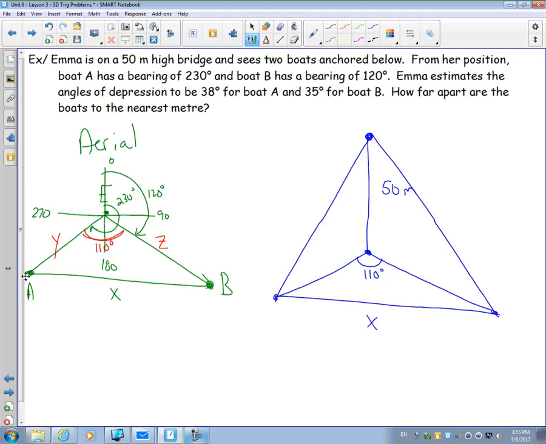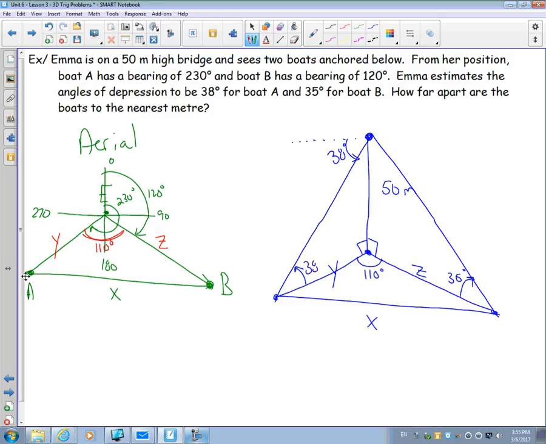In other words, these side triangles are actually right angled. And our angle of depression, which is from the horizontal down, is 38, or to get it in the diagram, 38 and 35. And if I can figure out y and z, I can figure out how far apart the boats are.